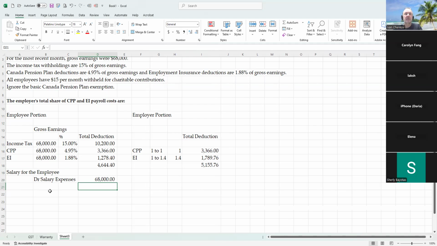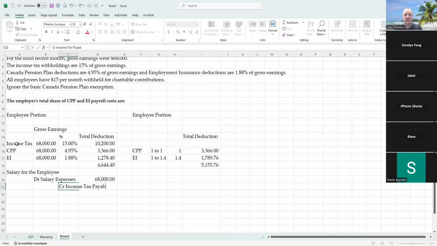Let's start credits. First credit. I have to deduct and withhold and later pay. What will be the first thing? Start first on the line. Income tax, what? I'm not paying it now. I'm going to pay it later. What will that be?